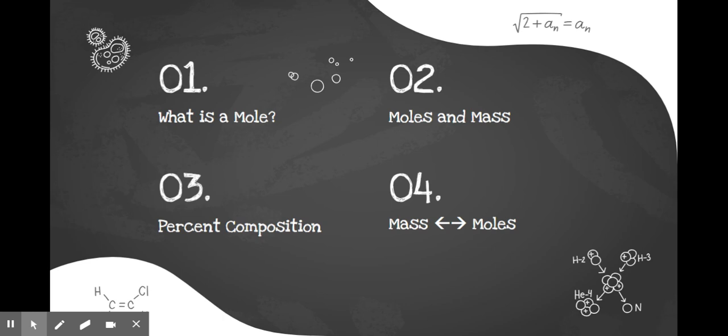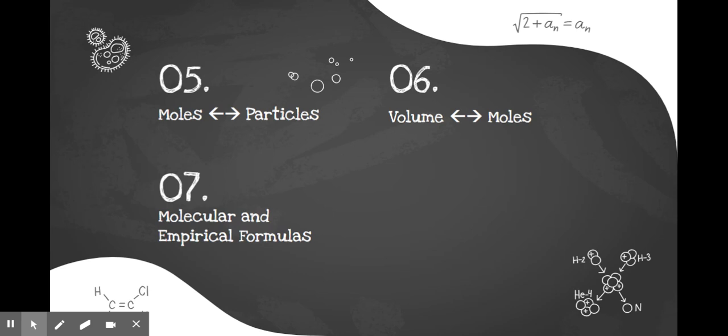A little bit of where we're headed. There are 7 different sections as we go through this unit. The first one we will be discussing today, and basically we'll be talking about what is a mole. But you can see we'll be talking about moles and mass, percent composition, how to convert between mass and moles, how to convert between moles and particles, how to convert between volume and moles, and then we'll talk about molecular and empirical formulas.